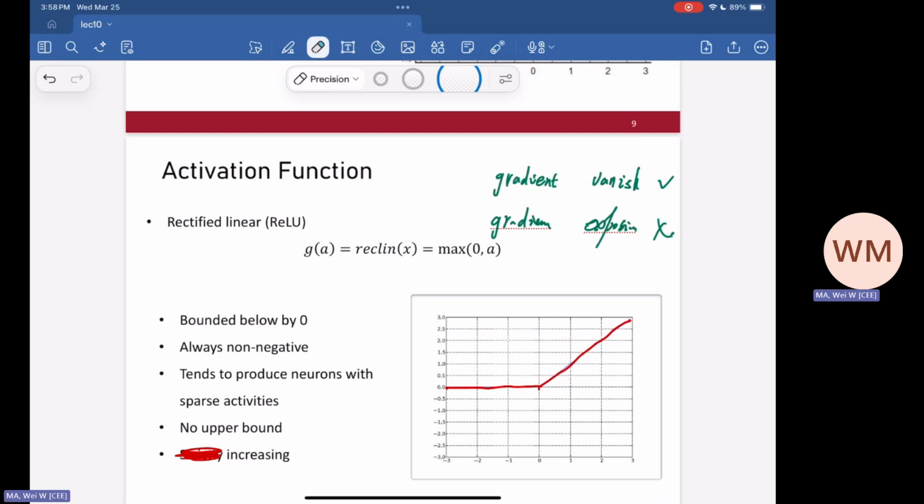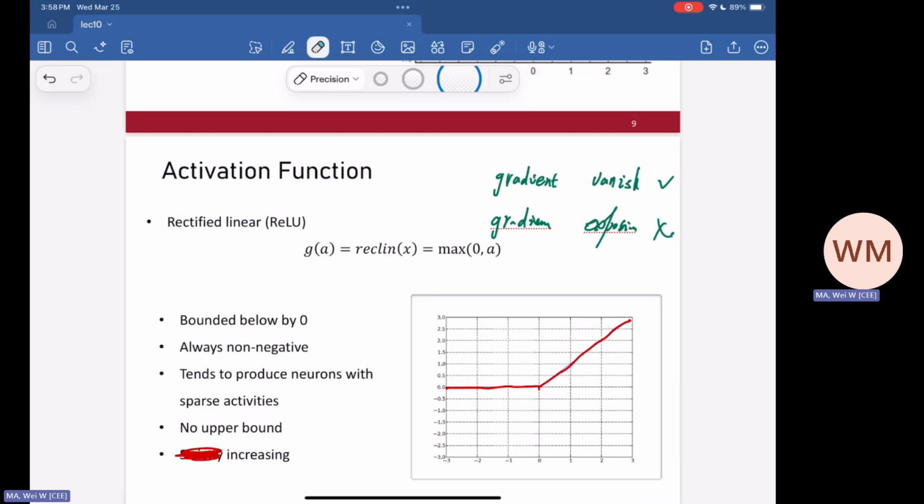And I think a commonly used one is this leaky ReLU. Leaky ReLU says that if it's positive, it's x. If it's negative, it's 0.01x. So there is still a little bit of gradient here, so that it can avoid the gradient vanishing a little bit. There are even some parametric ReLU.